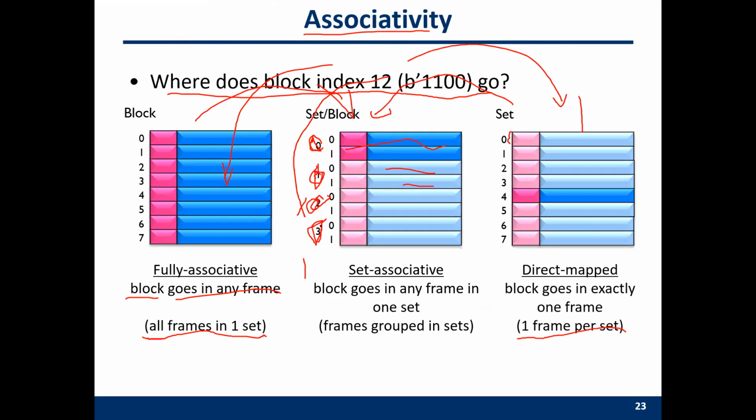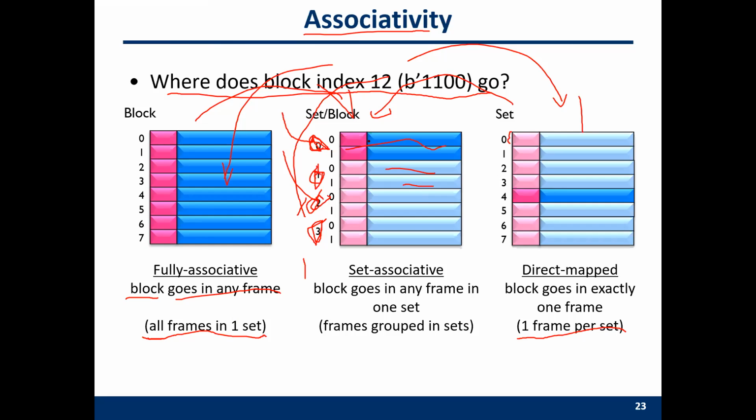So one memory address, for example modulo 4 in this case, can only choose one set.